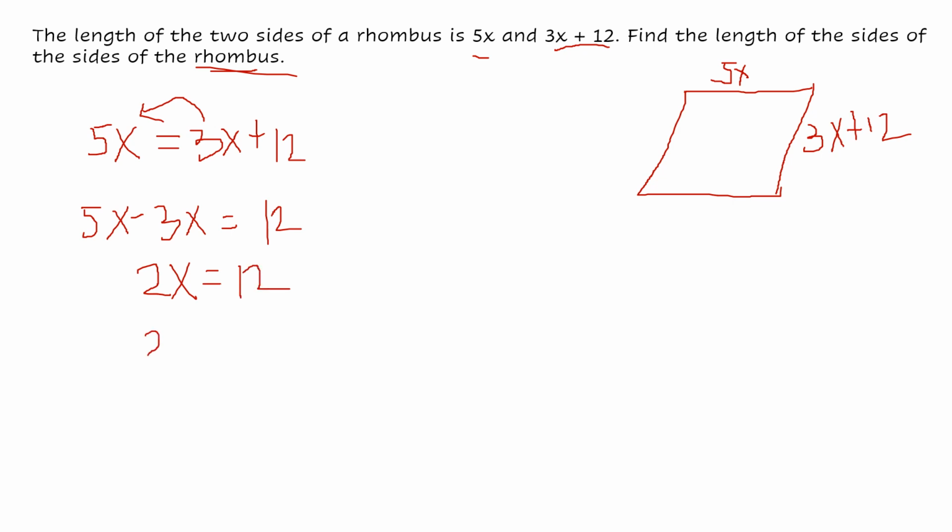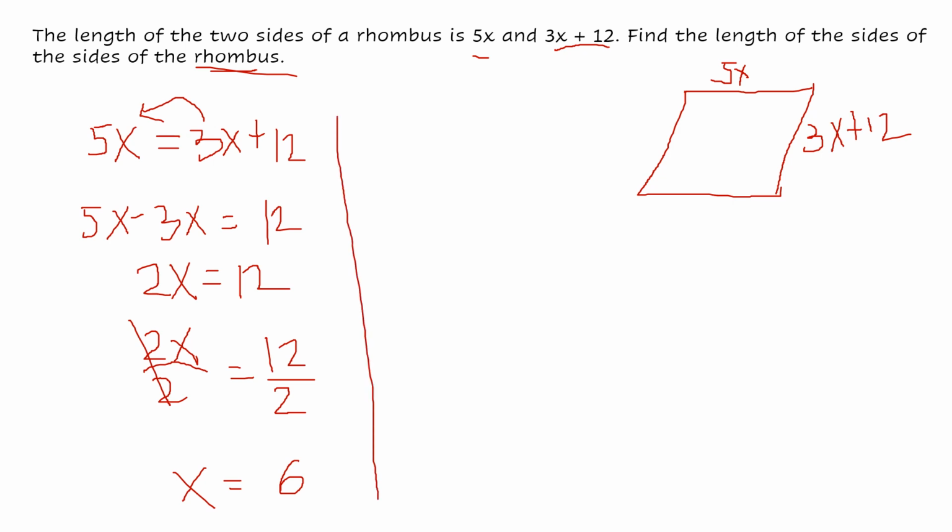Now, eliminate the numerical coefficient of x, which is 2, by dividing all sides by 2. So you get 2x over 2 and 12 over 2. Cancel 2 out. So you get x equals 12 divided by 2 is 6.